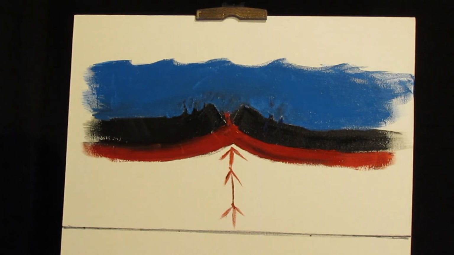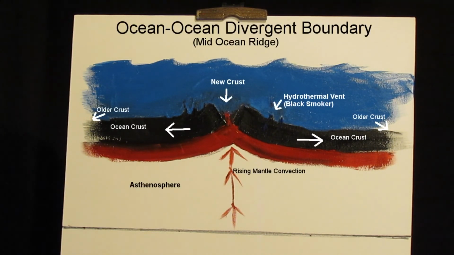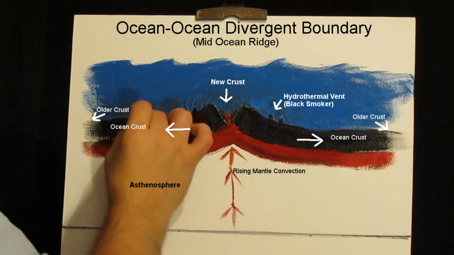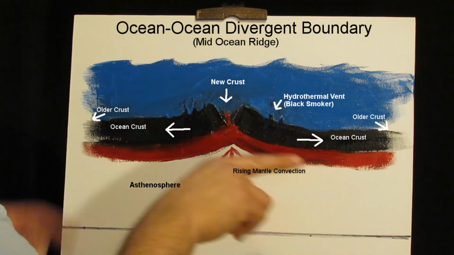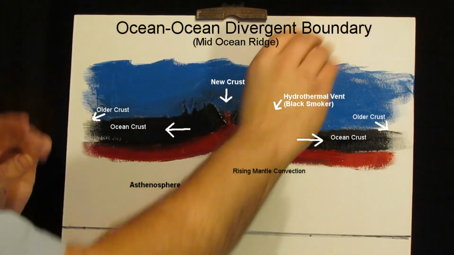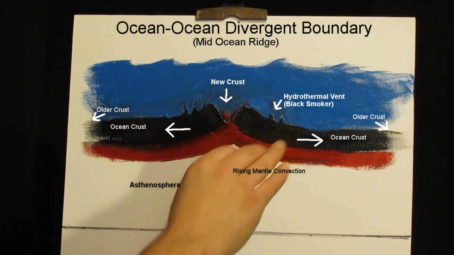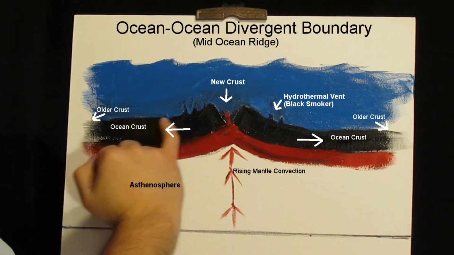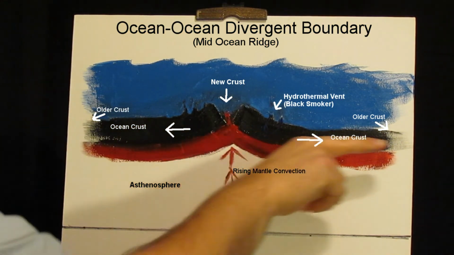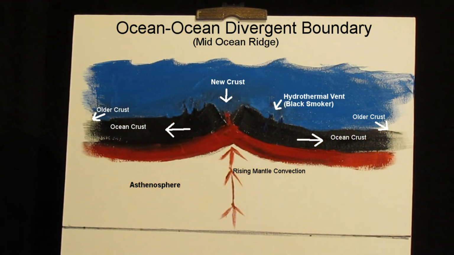Okay, so let's add the diagram labels to it. You're going to put ocean crust, divergent should be our title. Okay, ocean to ocean, divergent. We're going to put a big white arrow going to the left and to the right for both of these.